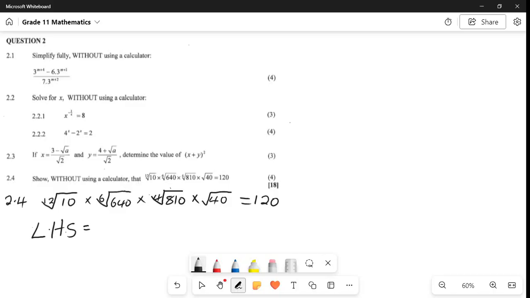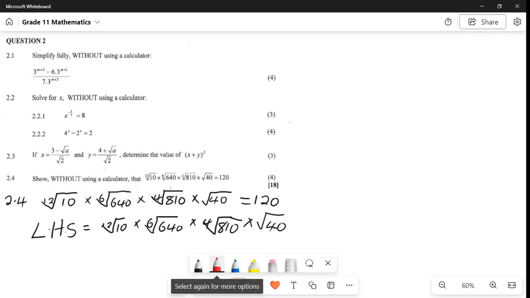So what is our left hand side? It's the 12th root of 10 times the 6th root of 640 times the 4th root of 810 times the square root of 40.